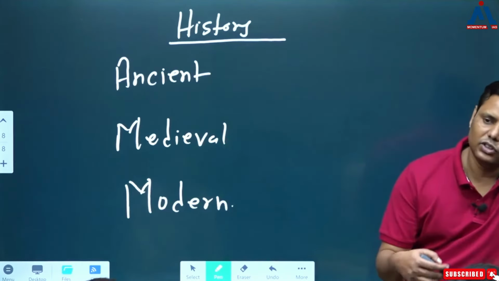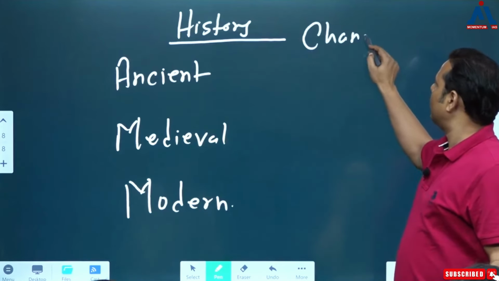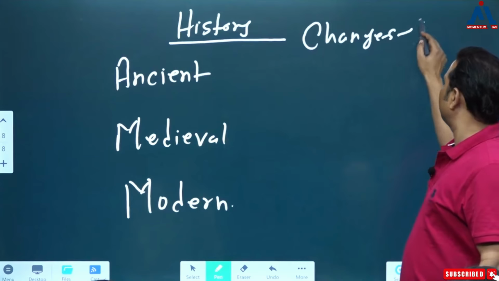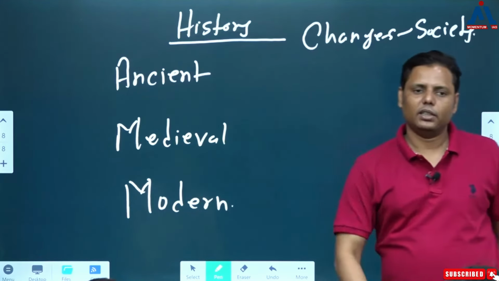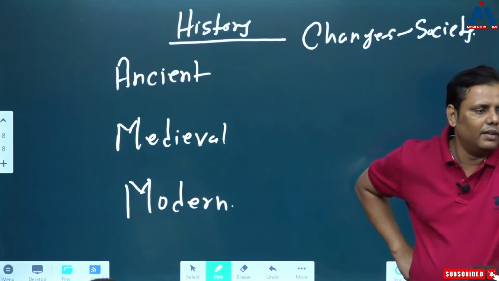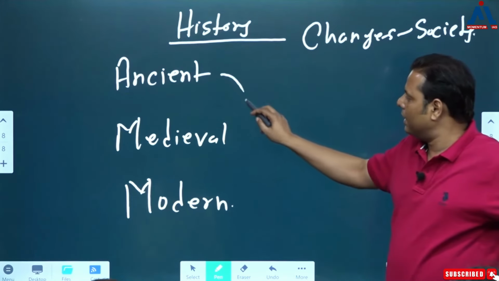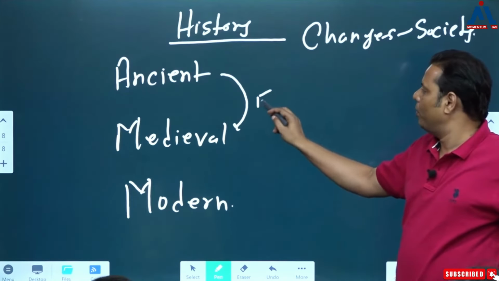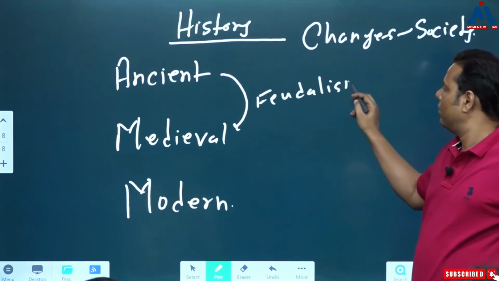Because there are certain changes. Changes in what? There are certain changes in the society. And on the basis of these changes, we call the periods ancient, medieval, modern. So when it comes to the transition from ancient to medieval, I hope you all must have heard of this particular institution called feudalism.